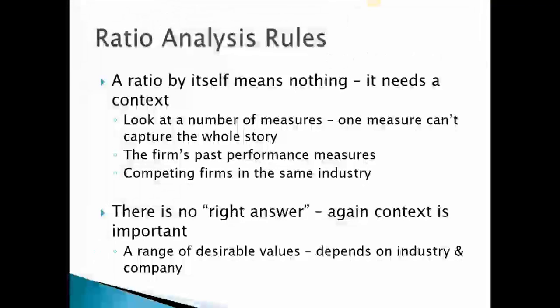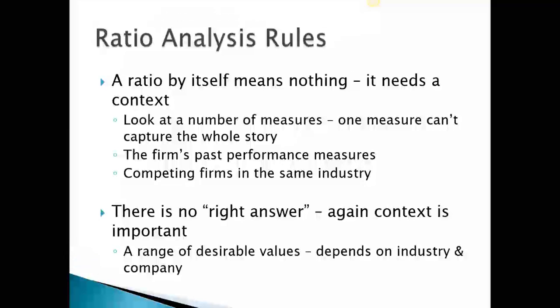And with a particular ratio, there is no one right number. We generally will have a desirable range. And again, that's a function of the industry. It's a function of the company where we'd want to be. Firms that are boom and bust, in that sort of cycle, may want to have a lot of liquidity, a very high liquidity ratio. They may want to have a lot of cash and near cash things to get them through the tough times.